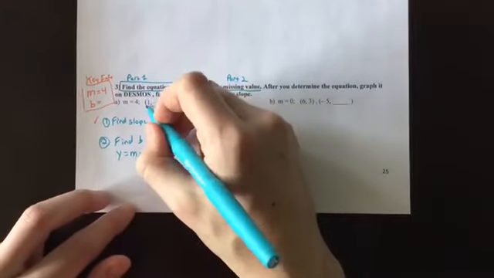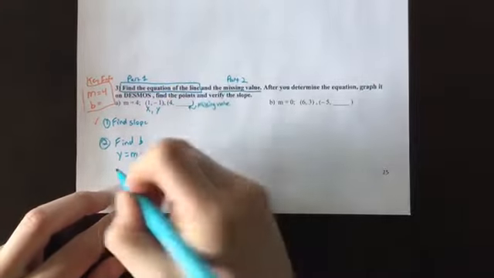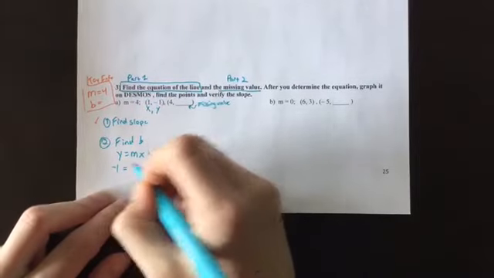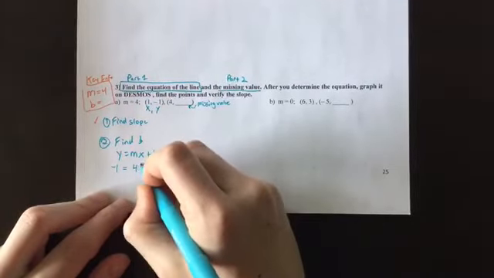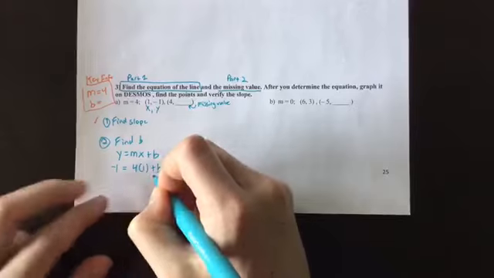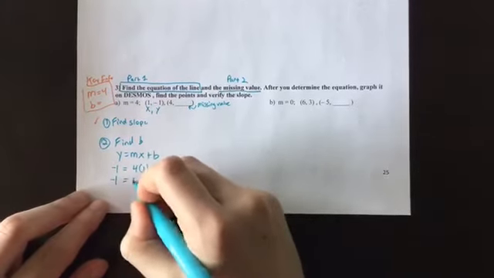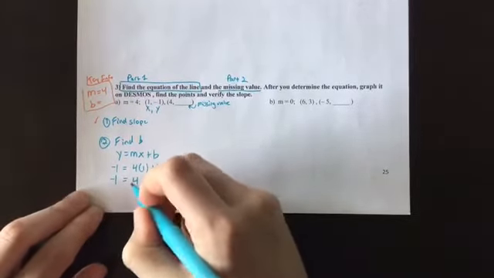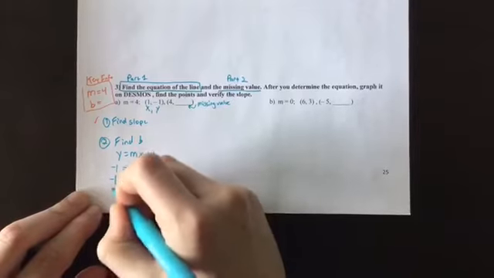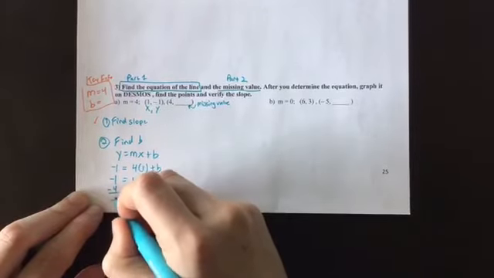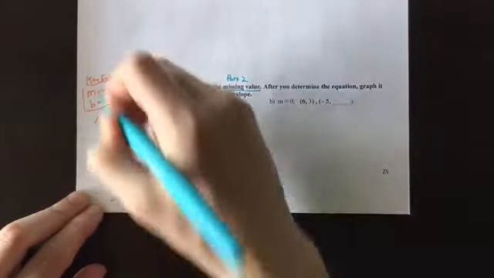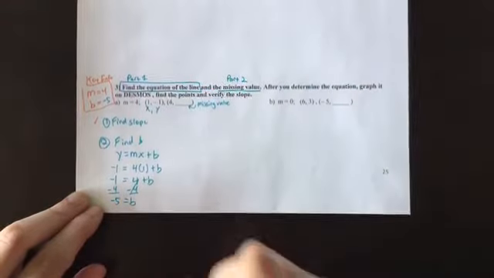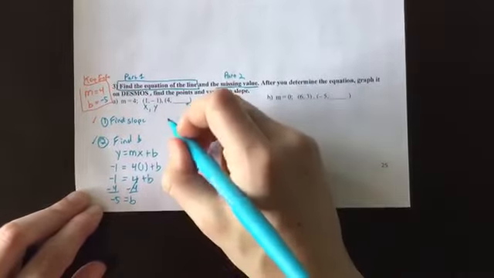I'm going to use the one I know, the one where we have an x and a y. Substitute in: -1 equals 4 times 1 plus b. -1 equals 4 plus b. Subtract 4 from both sides. -5 equals b. I found b. b is -5. Woo! Step 2 done.